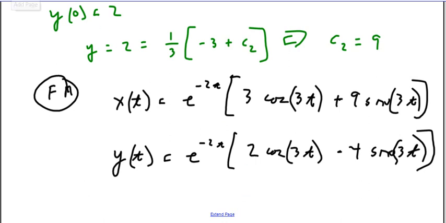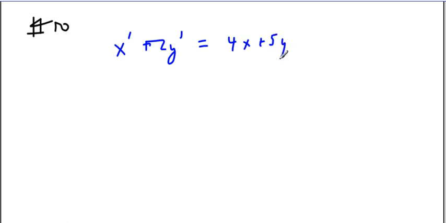So we'll move on to number 6. Number 10. I just did number 6. Number 10. x prime plus 2y prime is equal to 4x plus 5y, and 2x prime minus y prime is equal to 3x.